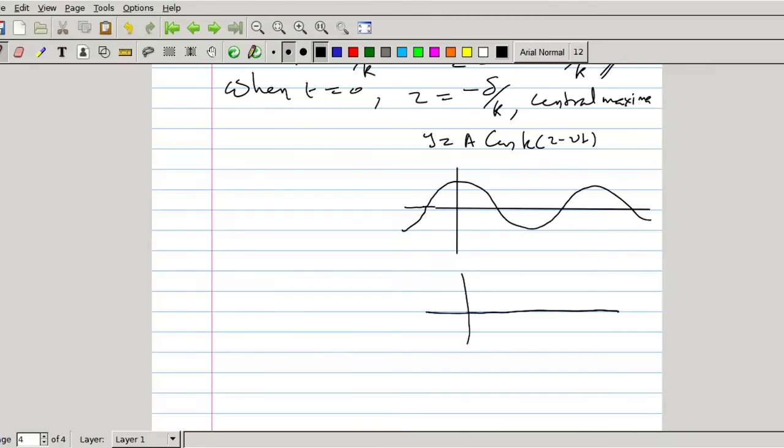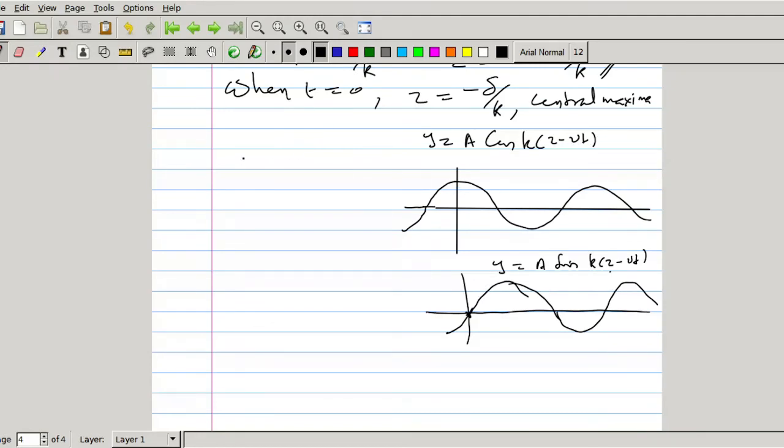If you draw sine, y equal to a sin k into z minus vt, then the graph will be like this. At z equal to 0, t equal to 0, this point is 0. For cosine, at z equal to 0, t equal to 0, this is cos 0, so the maxima is here.